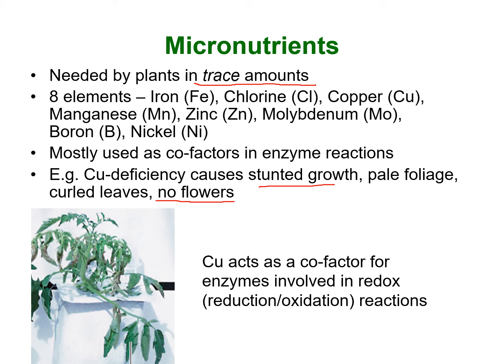So copper is important because it's another transition metal which acts as a cofactor for enzymes involved in redox. That's reduction oxidation reactions. Because it can pick up an electron, has 2 valence states, copper 2+ and copper 3+. It's able to hang on to an electron and then give it up again. So that's its role in oxidation reactions.